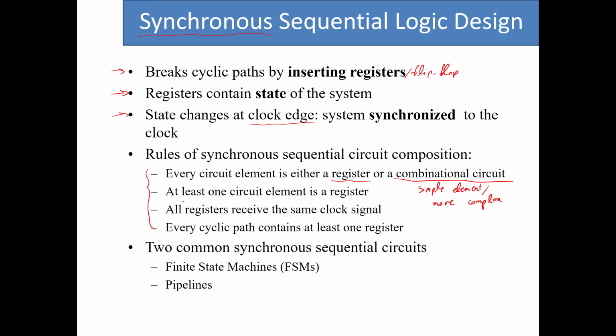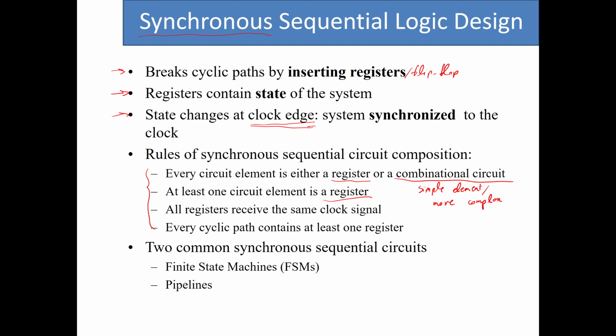The second follow-up rule is that at least one circuit element is a register. If we don't have any register in our circuit, it definitely is not a synchronous sequential circuit. It can be a sequential circuit, but it is asynchronous, because we need registers and flip-flops to sync everything with the edge of the clock.